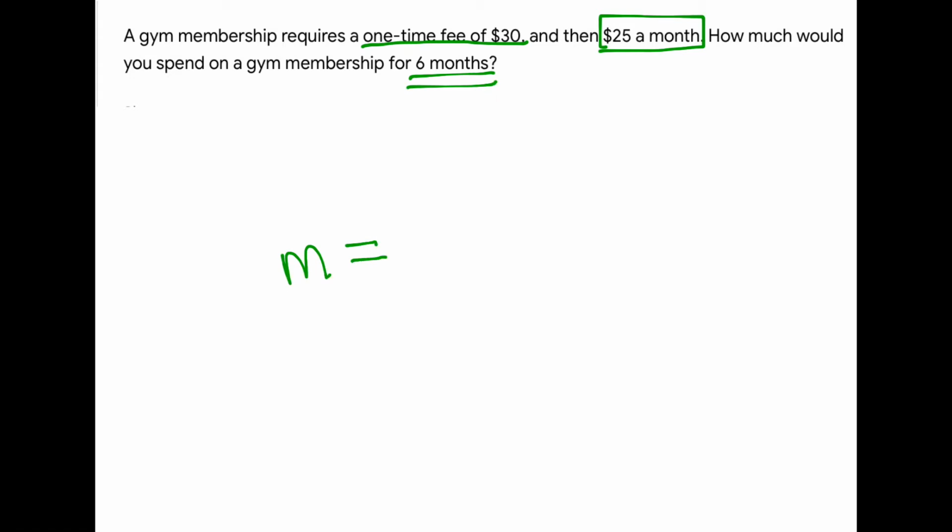We have a one-time fee. If there's a one-time fee, that means we're adding this to something. We're going to add our $30 to something. $25 a month. $25 per month.